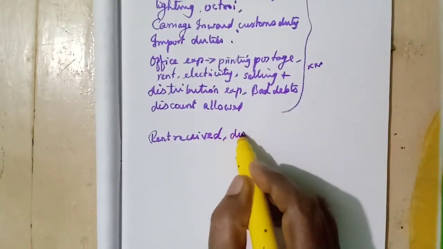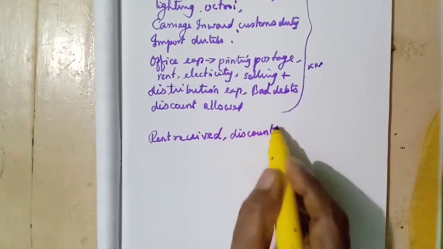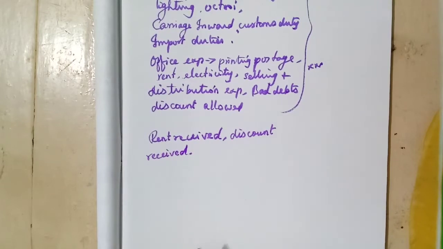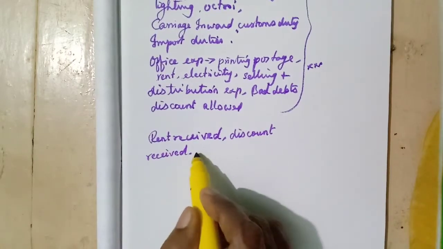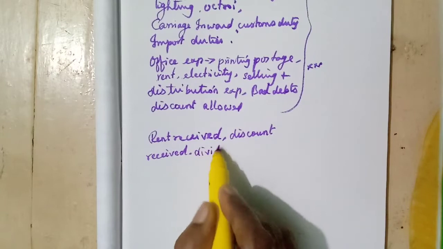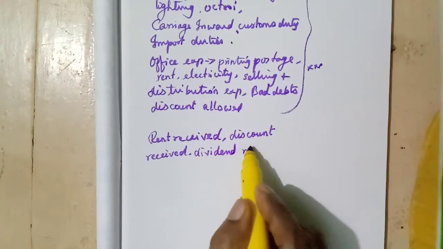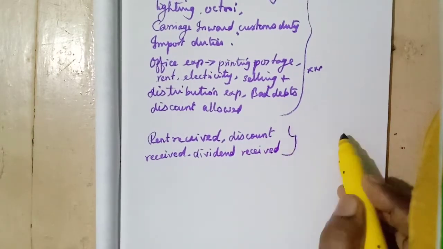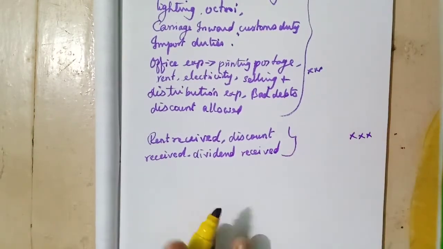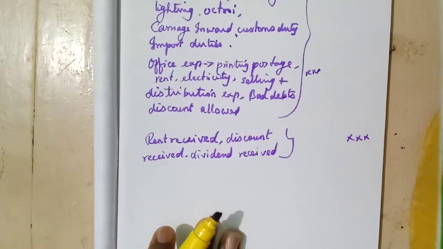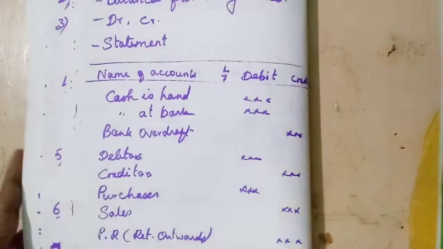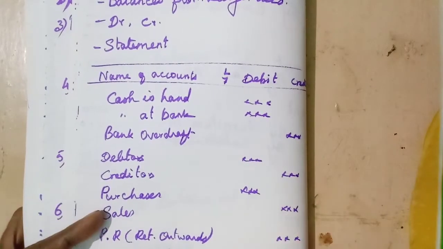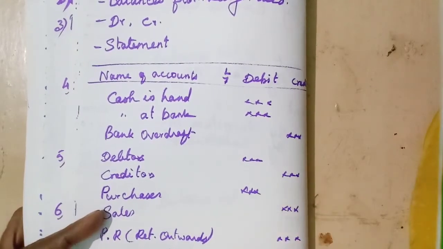Then all the income: rent received, discount received, any dividend received. All these are income, so we need to credit. All the assets must be debited, all the liabilities will be credited.